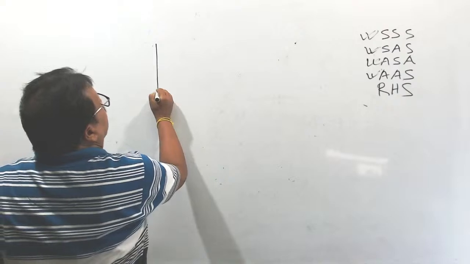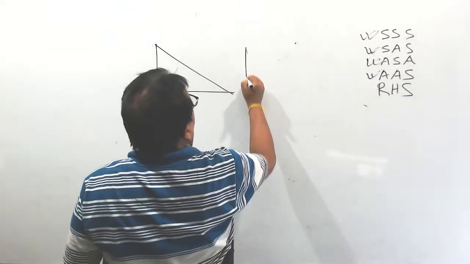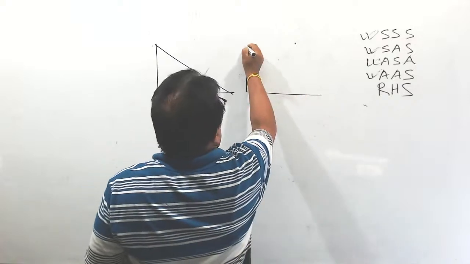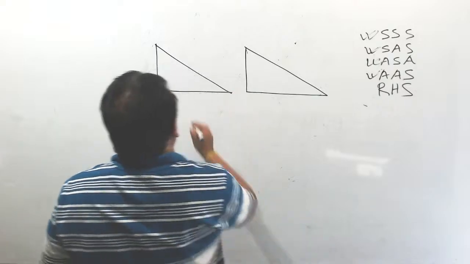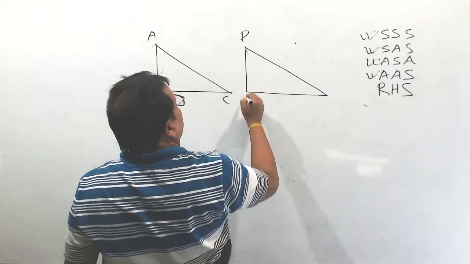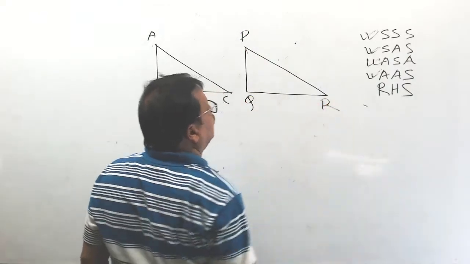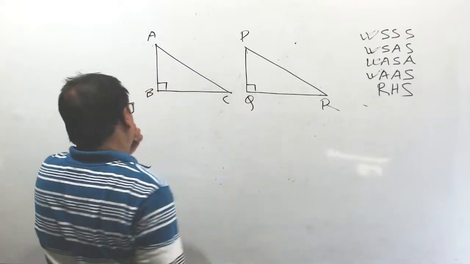Say here is one right angle, and there is another right angle. Okay, so it is ABC, PQR. Say angle B is a right angle, and here angle Q is a right angle.